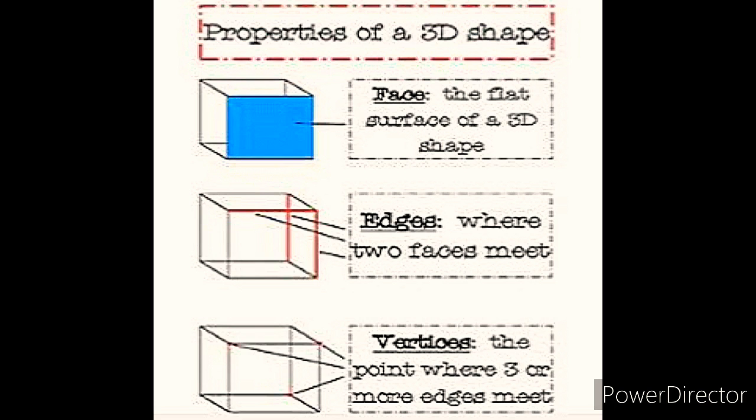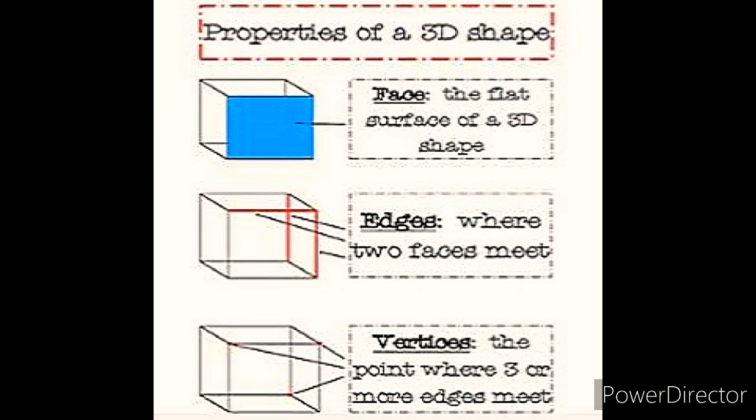Okay, so I'm looking at the screen now. This is our first instructional aid, just to explain some of the key vocabulary words. When you hear about a face in three-dimensional shapes, as you see, there's a line pointing towards the face, the blue surface. So face is the flat surface of a three-dimensional shape.